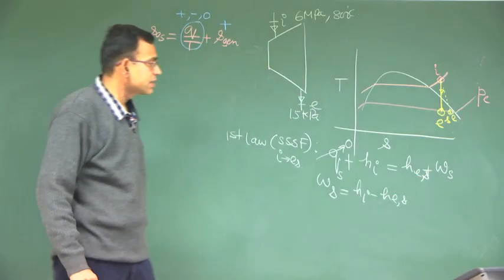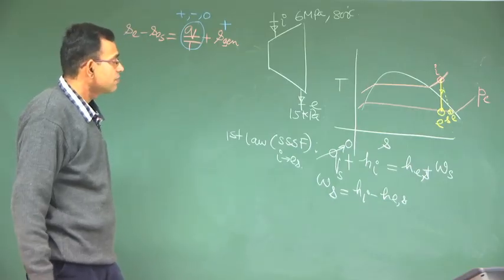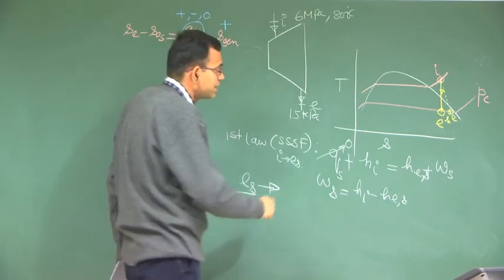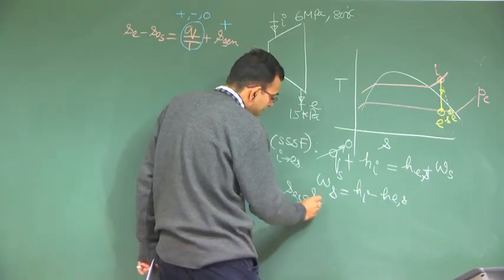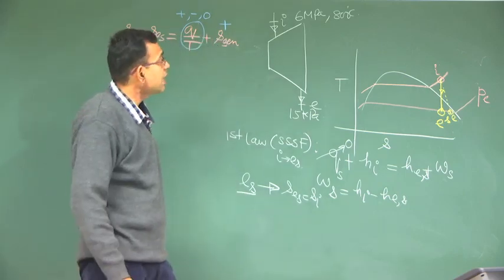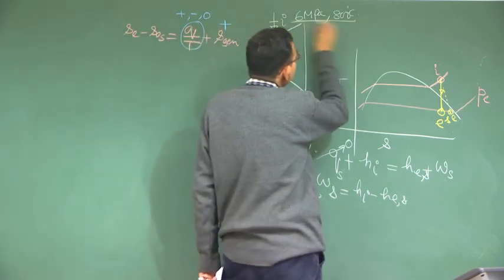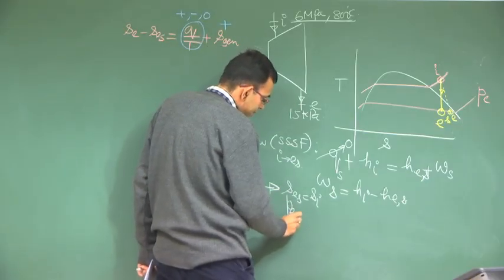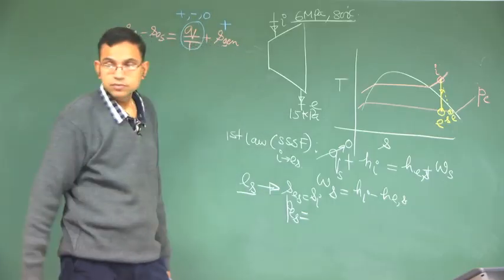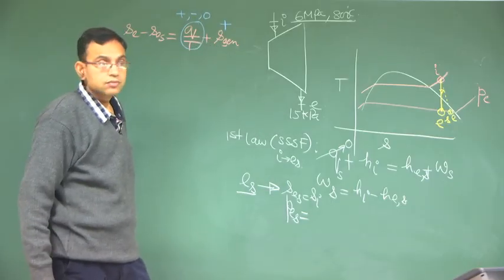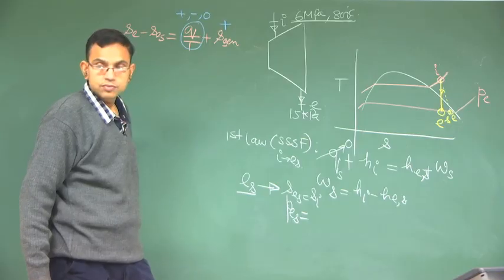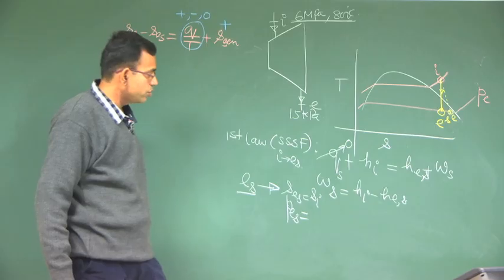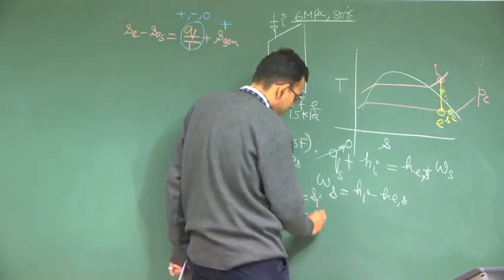So, how do you know what is the state ES? Very simple. The state ES can be defined by two properties. One is SES is equal to SI, and SI is known from the steam table. At this data you find out what is SI, and PES is equal to what? PES equal to 15 kPa, PE.